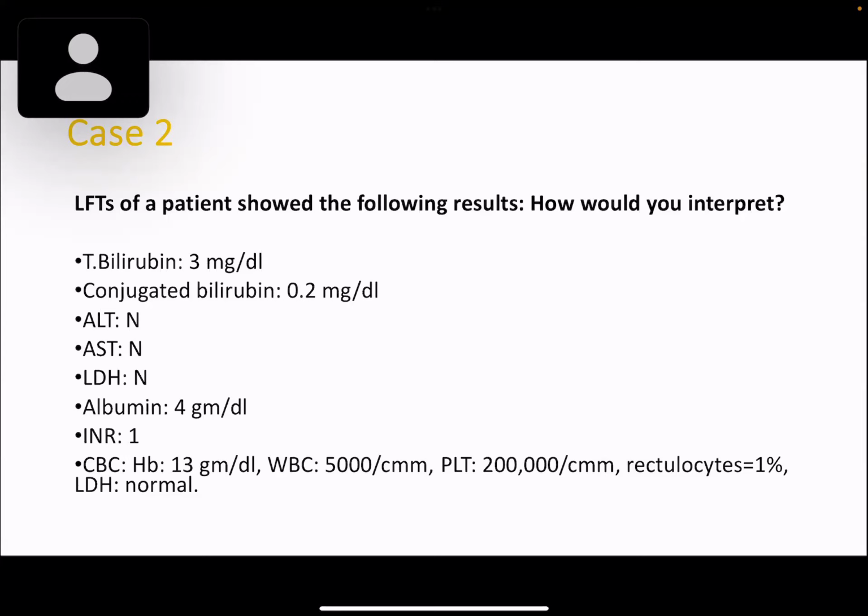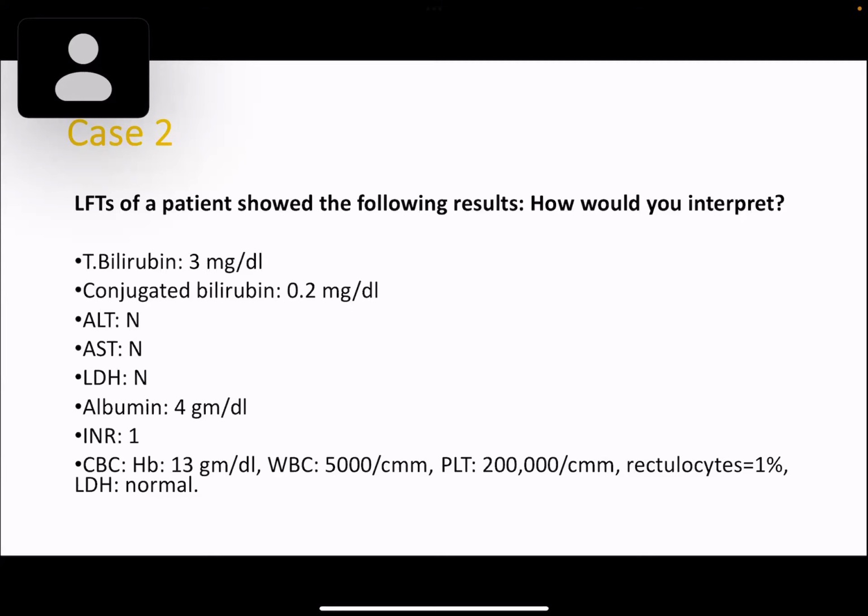Because of high unconjugated bilirubin, the liver function test in this patient showed only elevation in unconjugated bilirubin with normal other elements of liver function test. So in this situation, you have to think of a prehepatic cause. Common prehepatic causes include hemolysis. Hemolysis is excluded here because there is no evidence of hemolysis.